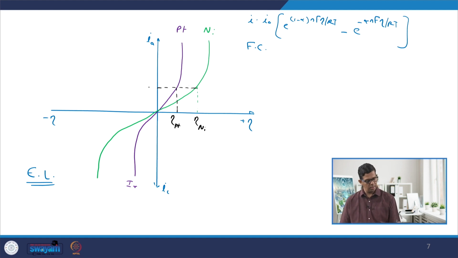So, for the same current, I am losing very little potential for the good catalyst, whereas for a similar current to be drawn from the fuel cell using an inferior catalyst, I have to sacrifice more potential loss, and that is what this Butler-Volmer equation talks about.